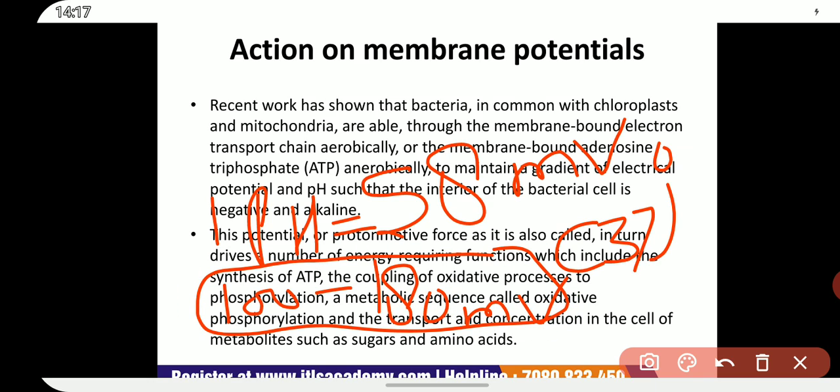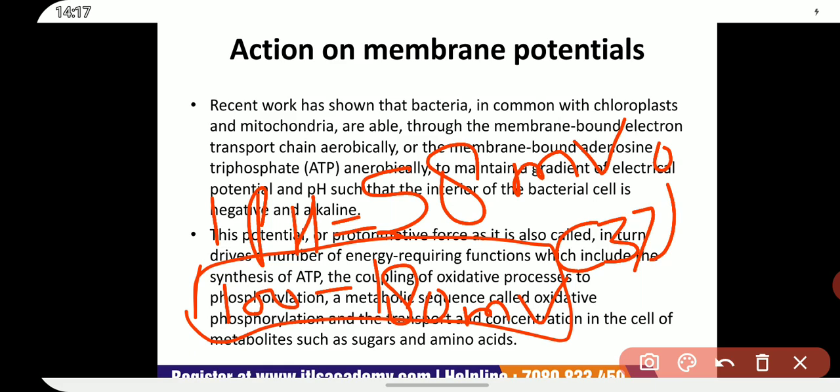Again I am repeating, the potential gradient and the electrical equivalence of the pH difference, that is one pH unit is 58 millivolts at a temperature of 37 degrees centigrade, gives a potential difference of approximately 100 to 180 millivolts across the membrane.